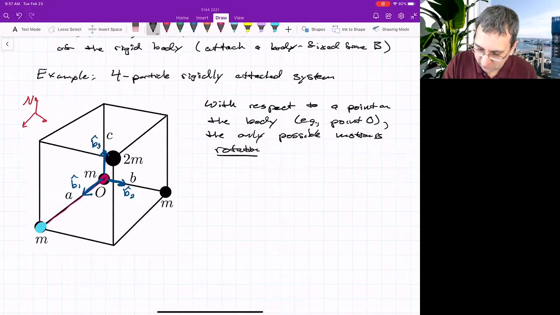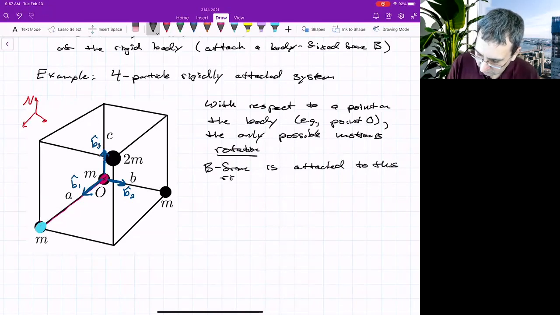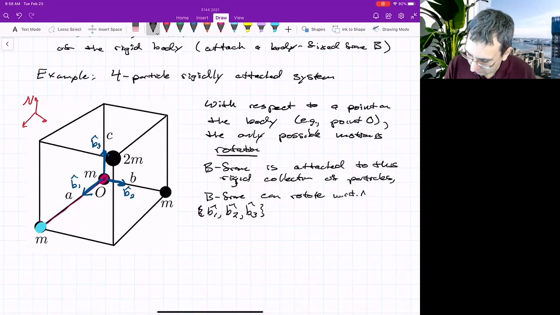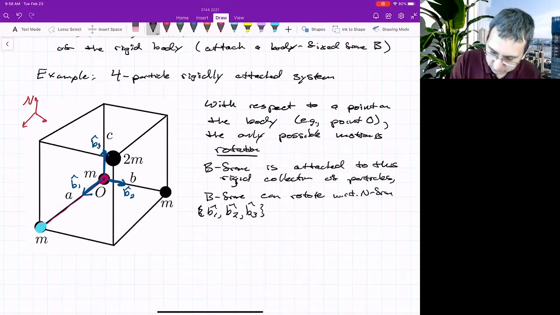So we've got a body fixed frame. So the B frame is attached to this rigid collection of particles. And the B frame can rotate, if you want, we're just talking about the B directions with respect to the N frame, which, sure, let's give them some names. N1, N2, N3.